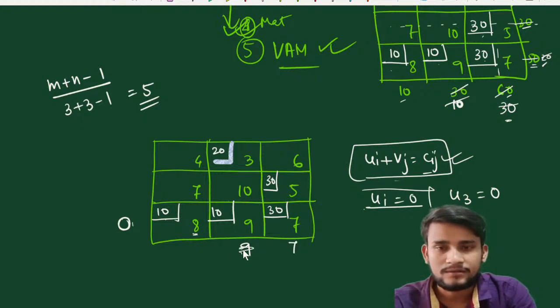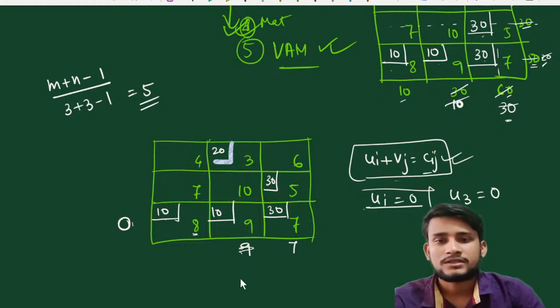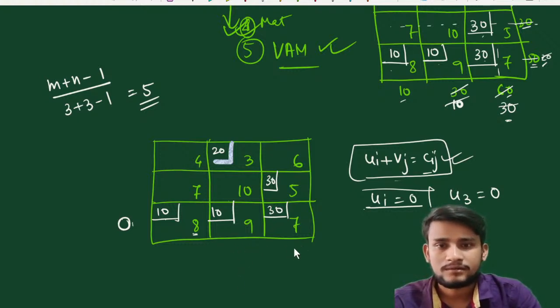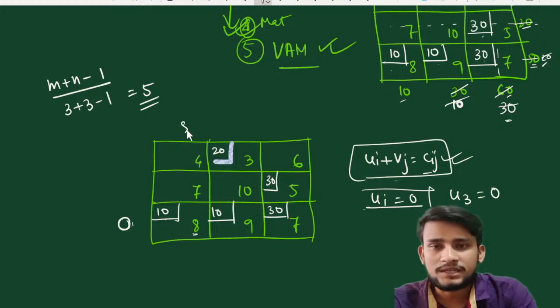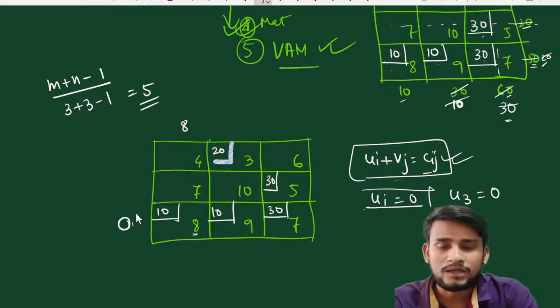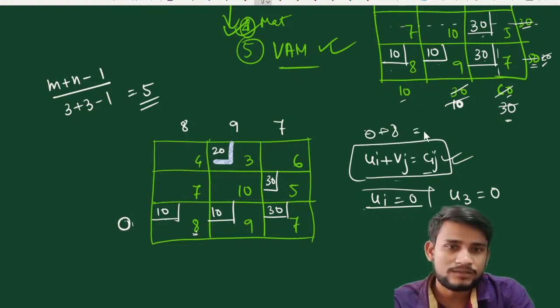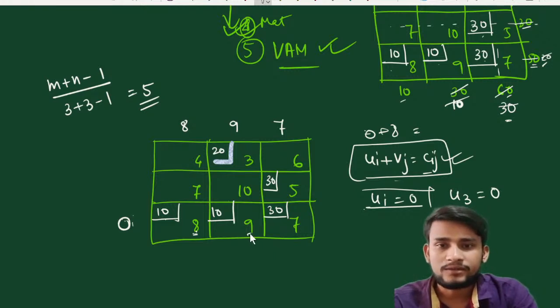So v1 equal to 8, v2 equal to 9 and v3 equal to 7. Okay, because 0 plus 8 is equal to cij, 0 plus 9 equal to cij, and 0 plus 7 equal to cij.